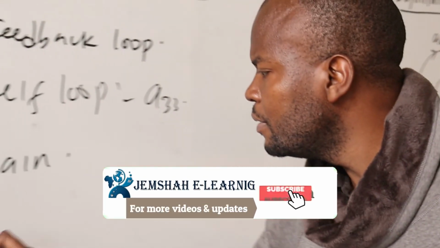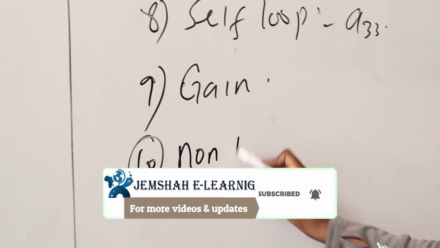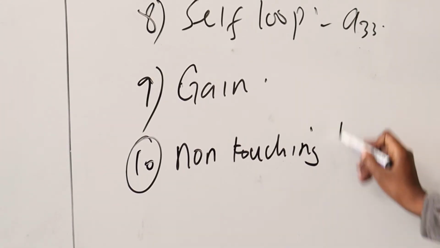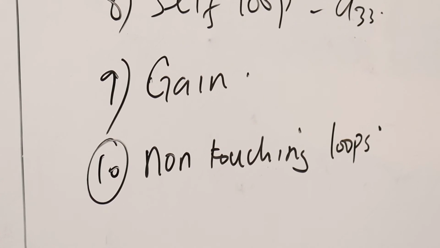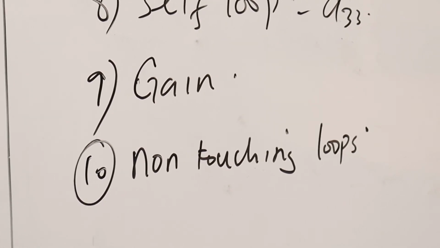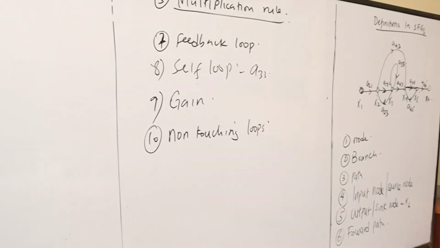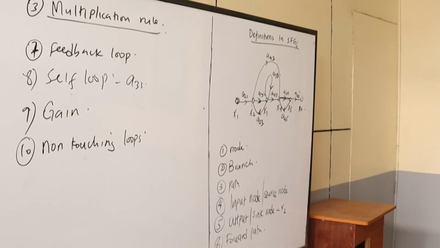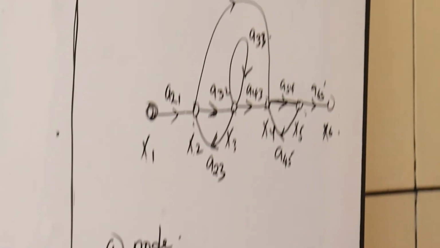Then number 10, we can talk about what we call non-touching loops, which are going to be very important in determining the transfer function. So when you talk about non-touching loops, these are simply loops that do not share a common node. If we have loops that do not share a common node, then they can be said to be non-touching.